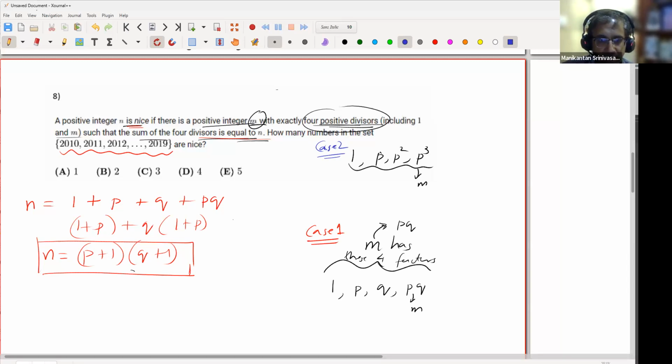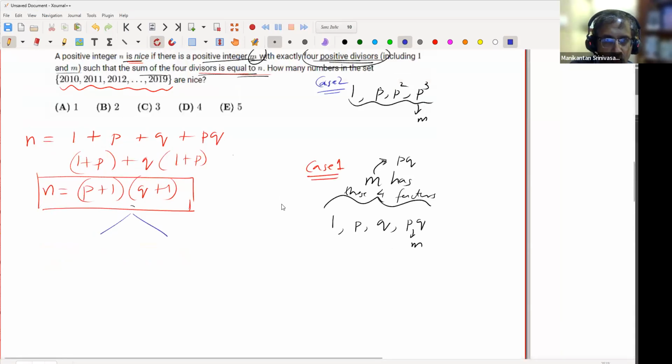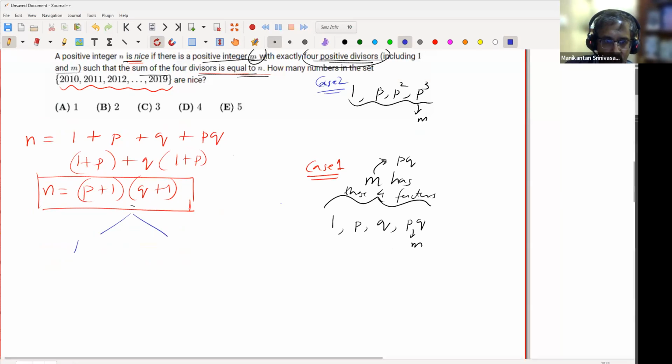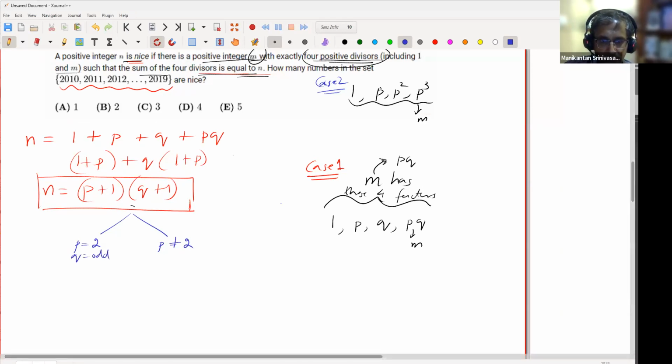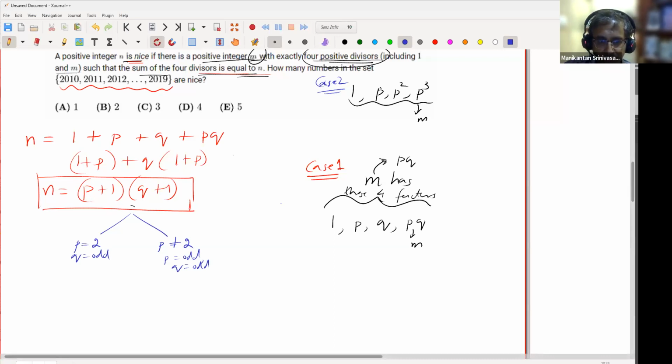Okay, so we can again have two cases, right? I said P is less than Q just for simplicity. So we can have P equal to 2, or P is not equal to 2, right? If P equal to 2, then P plus 1 is odd, which is 3.